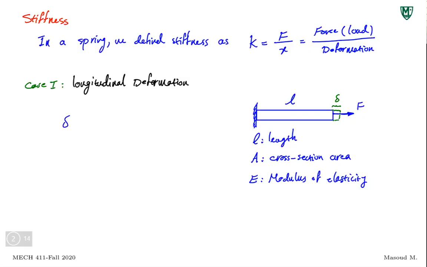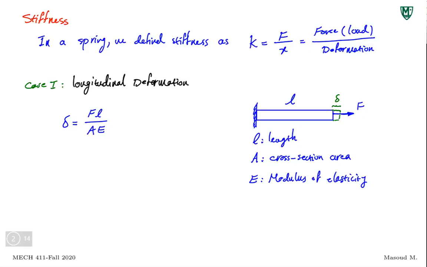Delta, hopefully you remember this, was the amount of deformation in this bar, whether it's increasing the length or we are compressing it and the length is decreased. It was FL over AE. That was the amount of deformation. Tell me if you don't remember this or you haven't seen this. You should have seen this in solid mechanics.